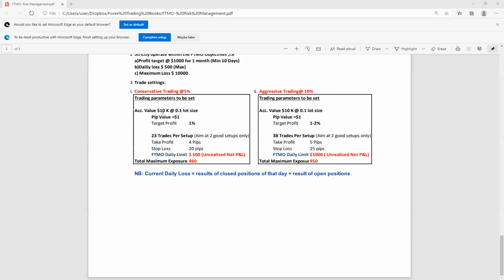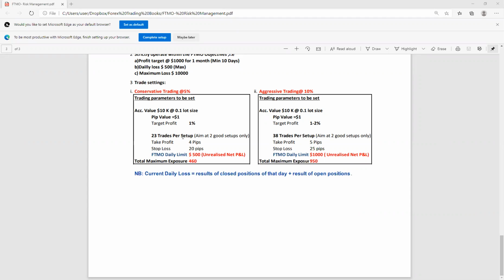For lot size, we trade at 0.01. At 0.01 lot size, every pip you make is worth $1, so if you're aiming at 4 pips, you pocket a profit of $4.